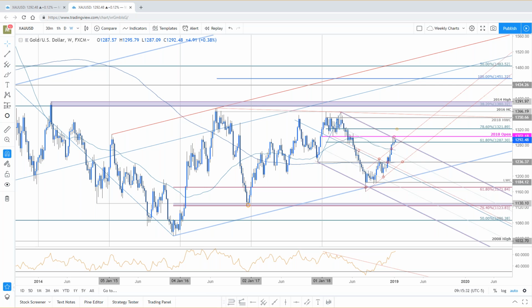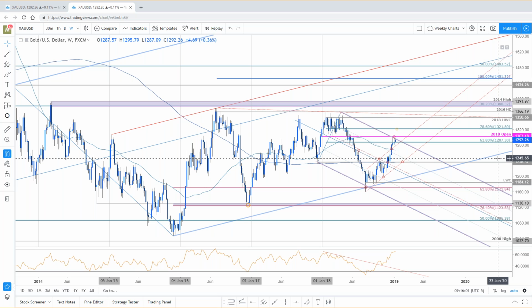I don't typically like to do these half-cockeyed slopes where we're not using a major reference point for one of the corners, but the slope has just been ridiculous, both on the pivot for the median line, support break, acceleration, resistance break, acceleration, and on the extremes. So basic trend line resistance is still holding here.